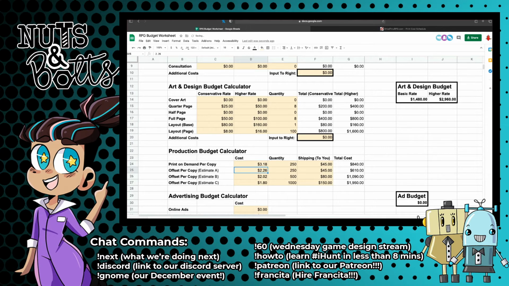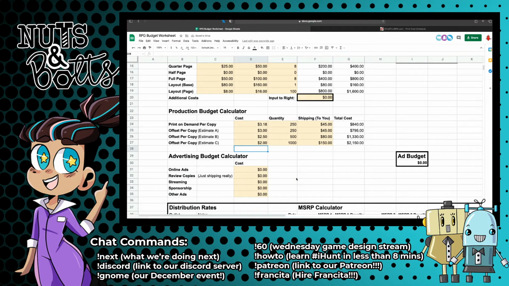And then offset, I know that we were looking at it, and the rates were about the same for 250. For 500, it was about $2.50, and for 1,000 copies, it was about $2. The shipping isn't that scary because they are so small.